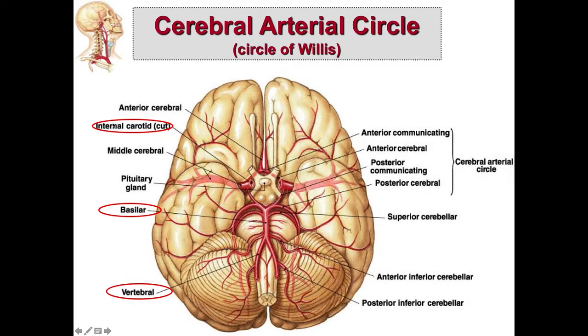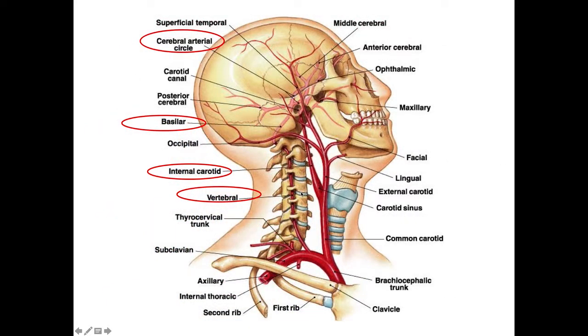So we have this internal carotid that we talked about before that feeds into this Circle of Willis. Let's go back a slide and take a look at that. Here's that internal carotid, which is rising right here, and then it feeds into this central cerebral arterial circle.